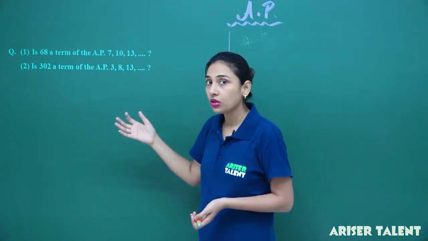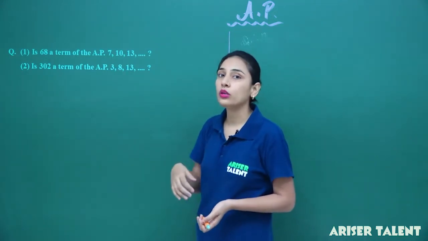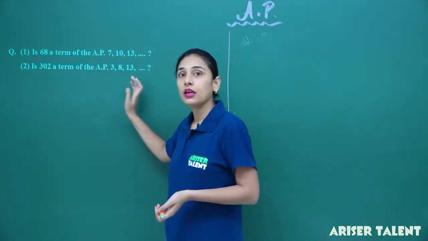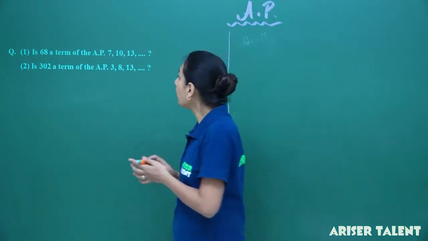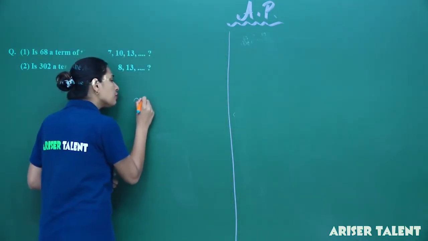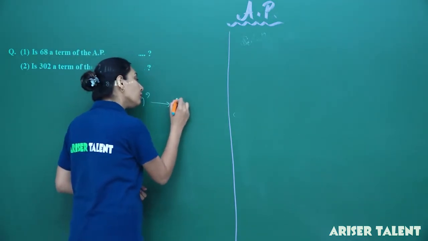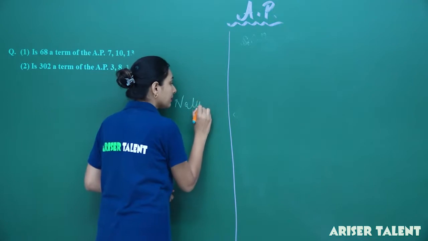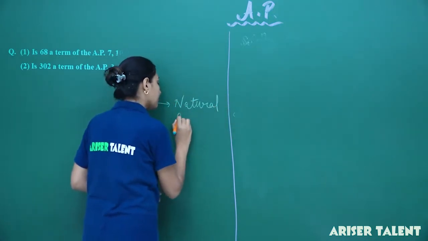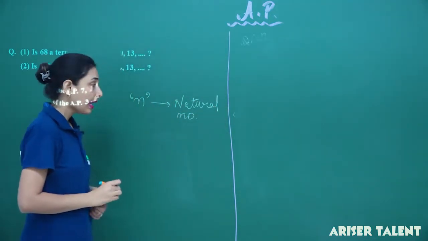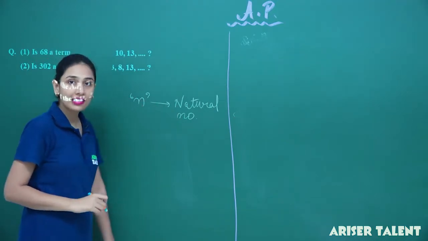So, how will we know if this term is in the AP or not? We know about this small letter n, that it should always be a natural number.